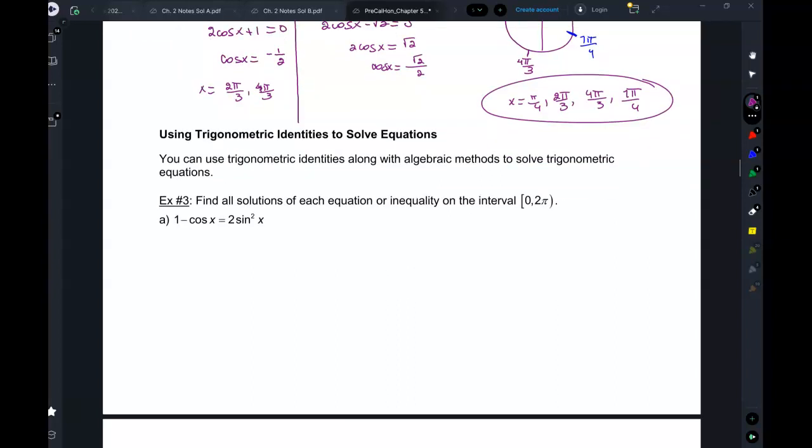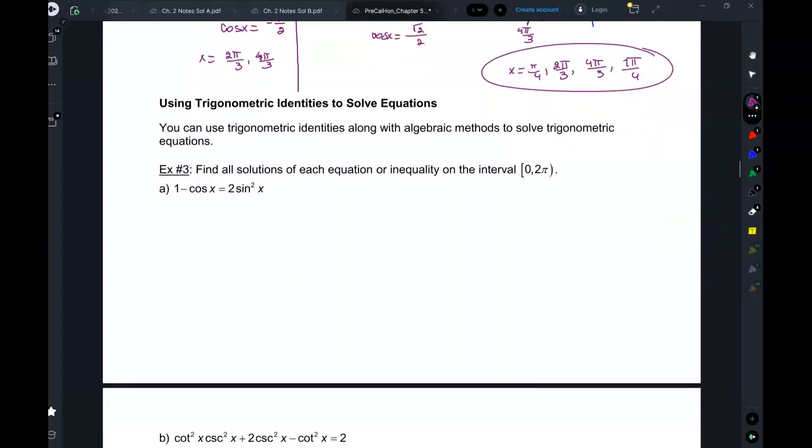Okay, so you can also use trig identities to solve these. That's why we did section 1, okay? So find all solutions on the interval 0 to 2 pi. So take a look at what we have here. We have a cosine in conjunction with a sine squared.